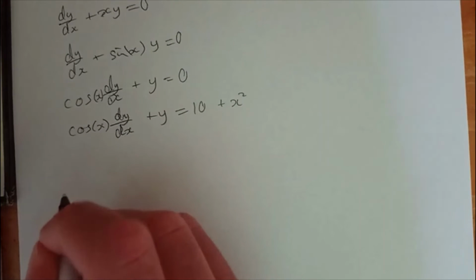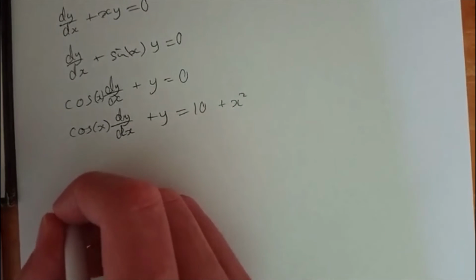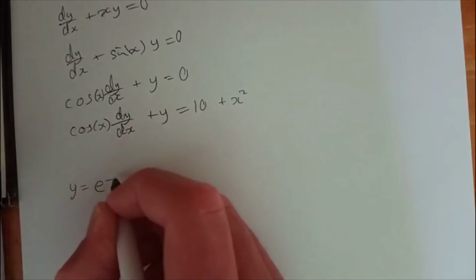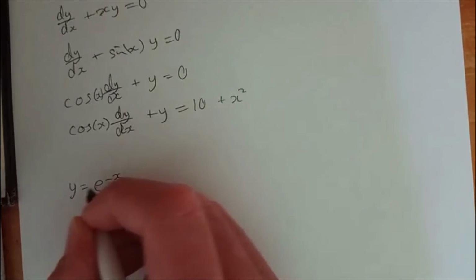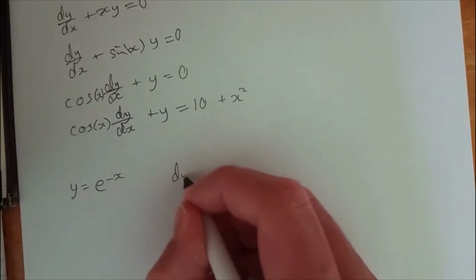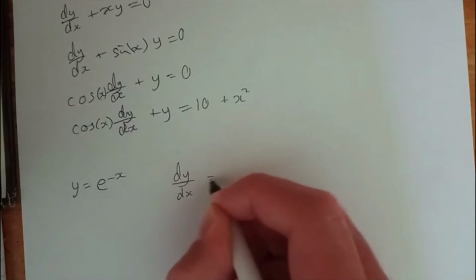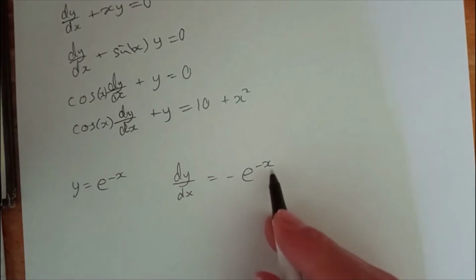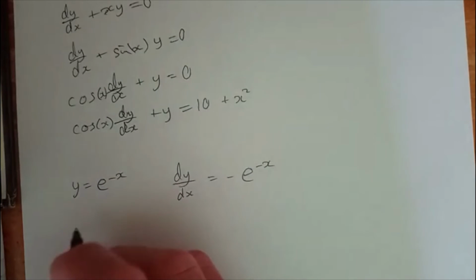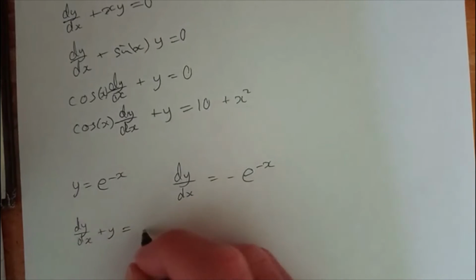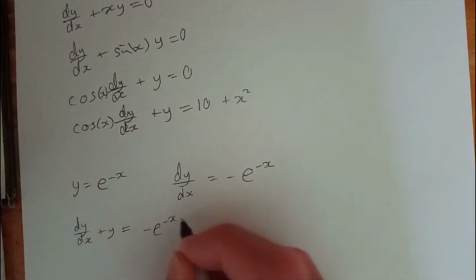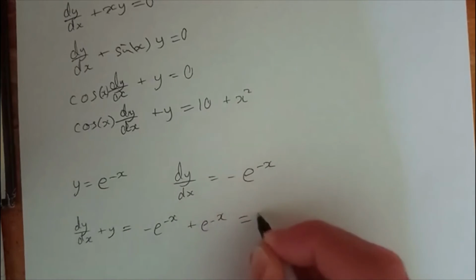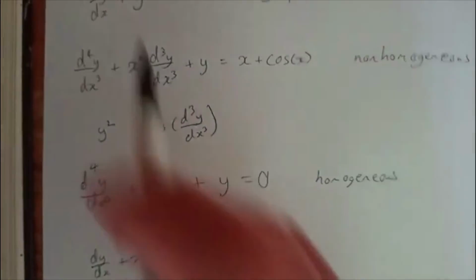The solution looks like this: y equals e to the negative x will solve the equation, because the derivative is negative of itself, which means that dy/dx plus y equals negative e to the negative x plus e to the negative x, which equals 0.